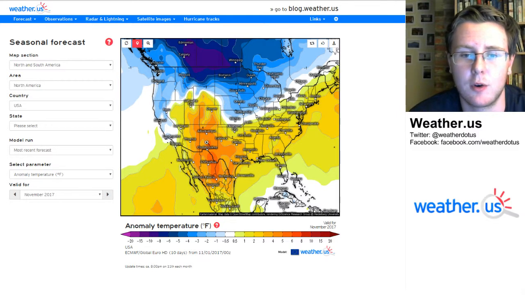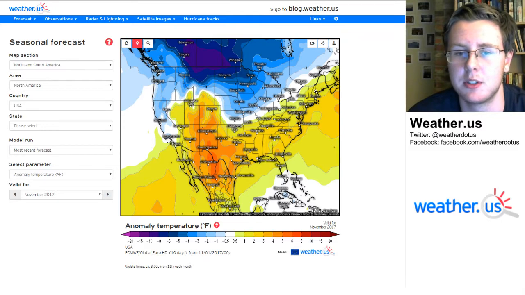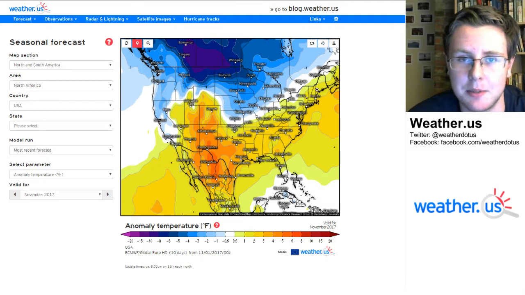So this forecast here shows warmer than normal temperatures for the eastern seaboard back into the desert southwest here, and then cooler than normal temperatures up in the northern plains and northern Rockies here. So you see warmer than normal temperatures up in the Maine, New England area, and warmer than normal temperatures down in Florida. That doesn't mean the temperature is going to be the same in Maine as it is in Florida.